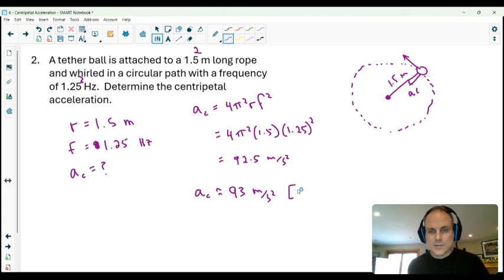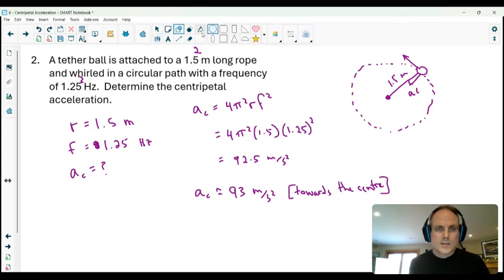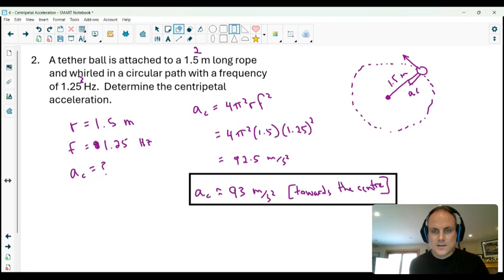That has to include direction. So I'm going to say towards the center because it is constantly changing, but I know the direction is always going to be towards the center. Okay, now let's put a box around that. I'm tired of having to draw boxes poorly, so let's have a nice one like that. There we go. Okay, so that's my finding my centripetal acceleration.